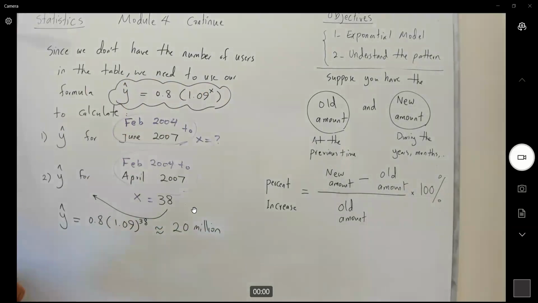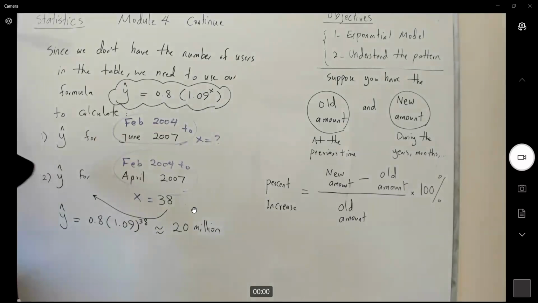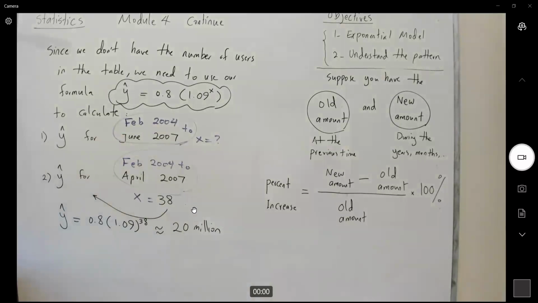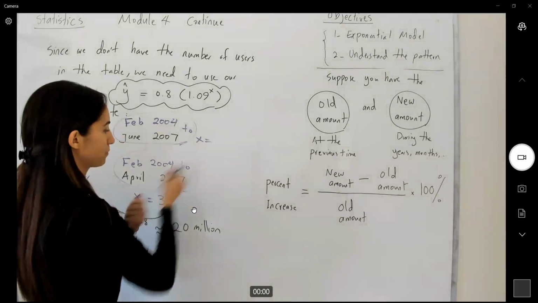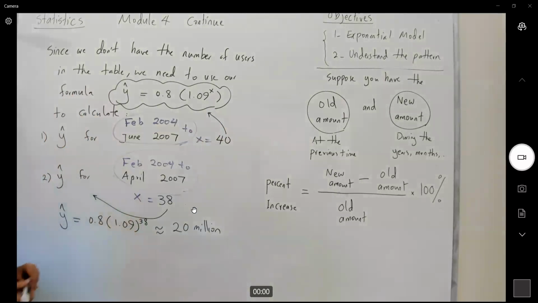How about the first one? How many months do you have between June 2007 and February 2004? What is your X value? 40, very good. Then what's the number of users? So if your X is 40, what would be your Y hat? This is your goal.